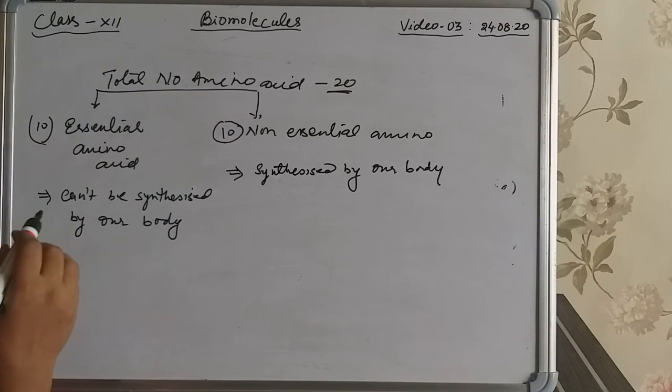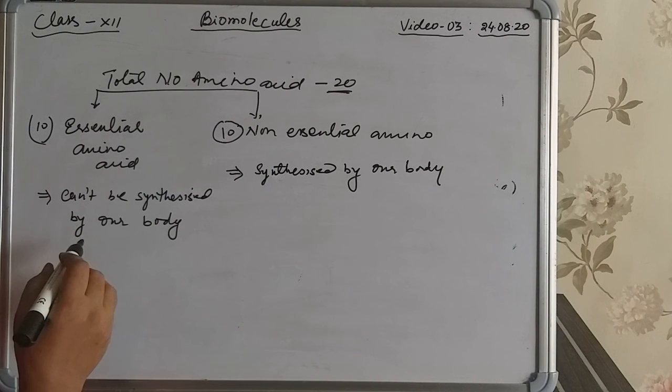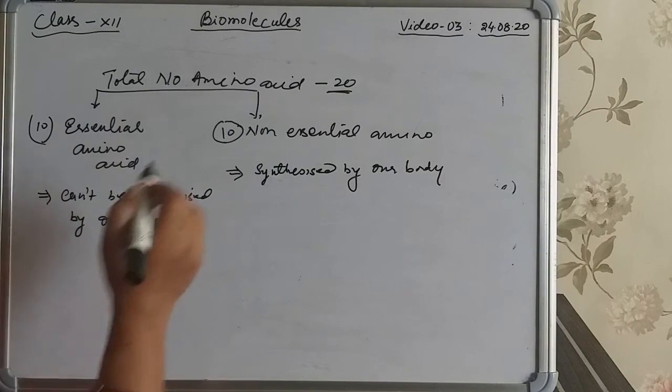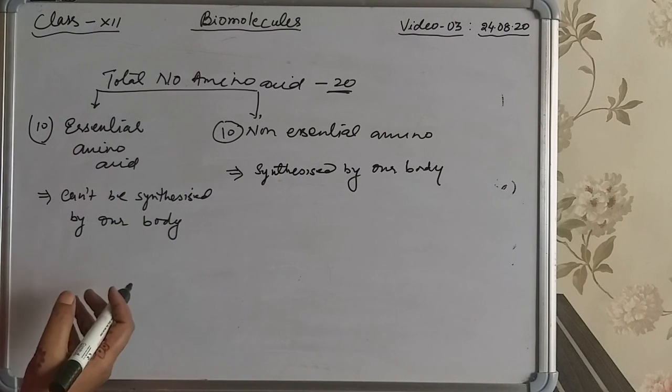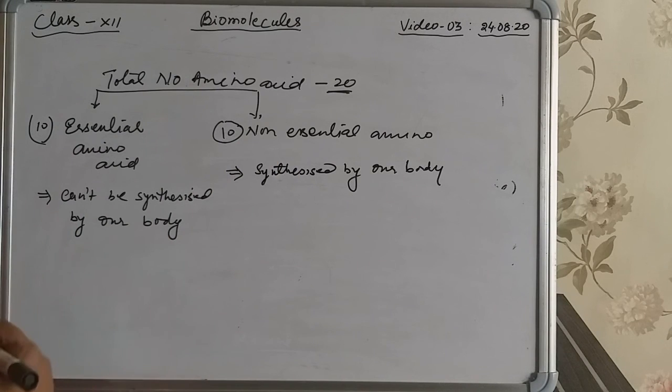So those amino acids which can be synthesized by our body are known as non-essential, and those which cannot be synthesized by our body are called essential amino acids, which we can take from an outside source.